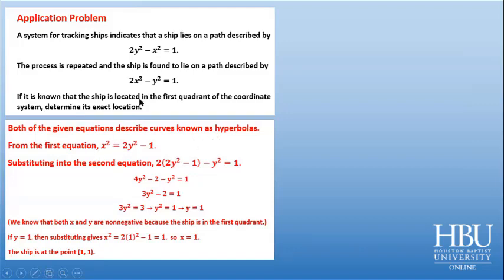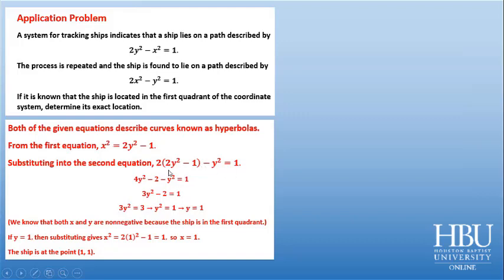From the first equation, I can rearrange the terms and write that x squared is going to be 2y squared minus 1. And then I can substitute that expression for x squared in the second equation. 2 times x squared will become 2 times 2y squared minus 1, minus y squared equals 1.